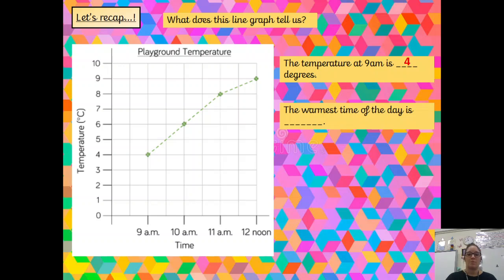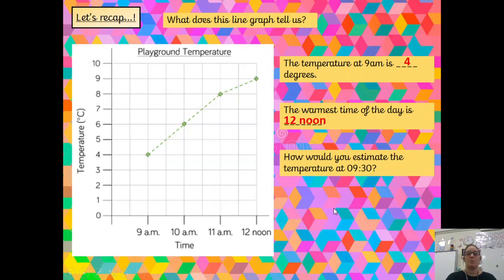The warmest time of the day is, okay, so this time we need to find out the time of the day. So we're going to go up to our y-axis and find our highest number. Was it a temperature of 10 degrees? No, the next one is 9 degrees. Okay, and at 9 degrees it was 12 noon.